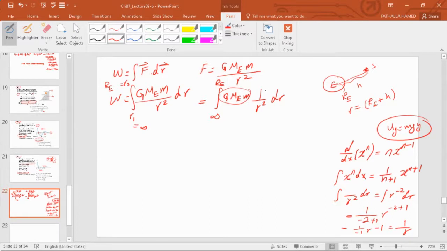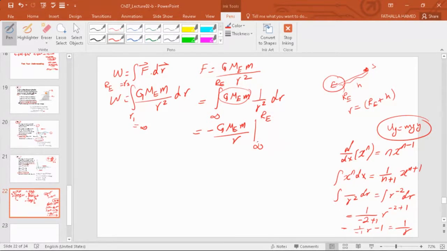So the integral of 1 over r squared will give you minus 1 over r. So what you will get is minus G M_E m over r, and you will integrate that from infinity to r, or RE, for example, but you can keep it r in general.